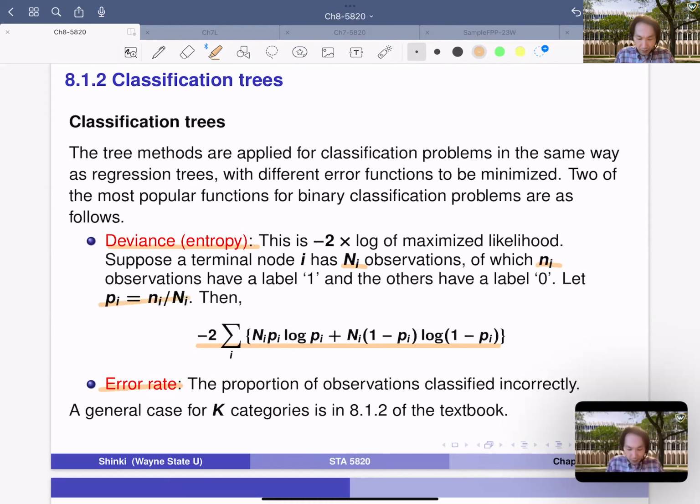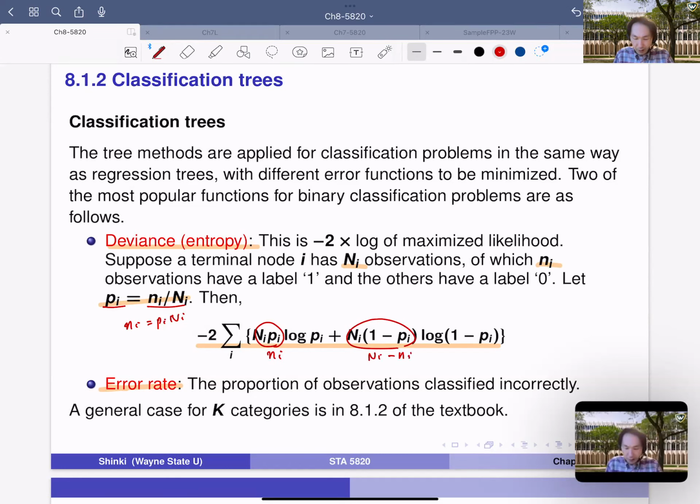Then we can count the number of successful observations, label 1 observations. Then we can define pi as ni over capital Ni. Then that means ni is pi times Ni, right? So this is ni, and this is capital Ni minus ni.